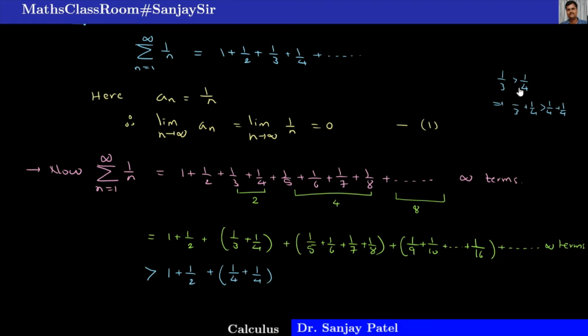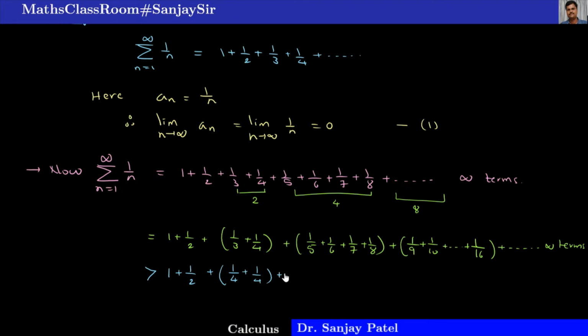Now, same way, if I replace in this second bracket all the terms by the smallest one. Which is the smallest term here? It is 1 upon 8. 1 upon 8 is the smallest value because the denominator is the highest. So this sum is greater than the sum where I replace all the numbers in this bracket by 1 by 8.